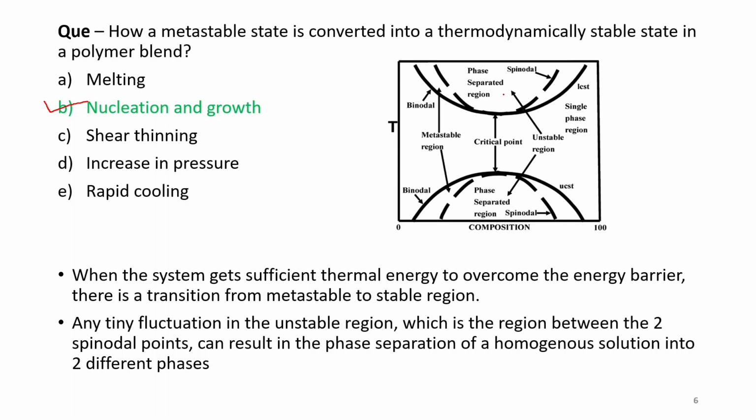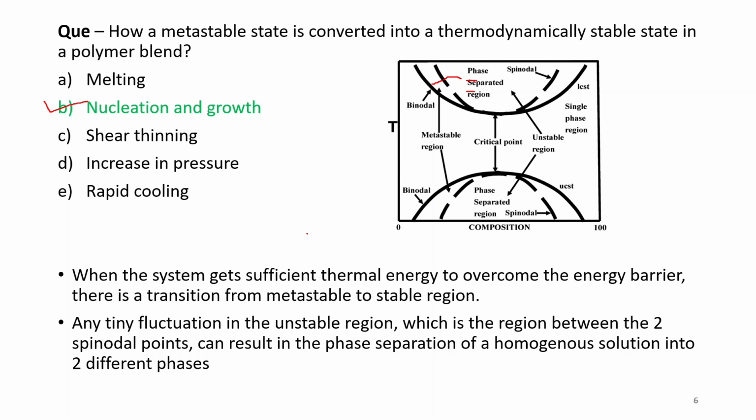Also, unlike in the phase separated region, if the system is in the metastable state, it will nucleate and grow, cross this energy barrier, and come into the phase separated region. And if there is any fluctuation in the unstable region, then the phase separation will occur from the homogeneous solution into two different phases, right?